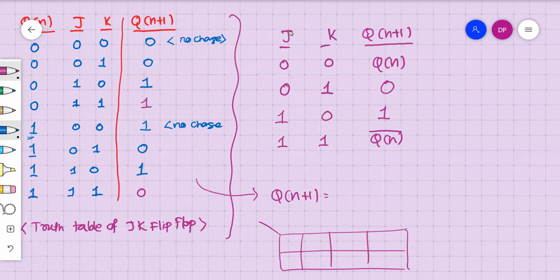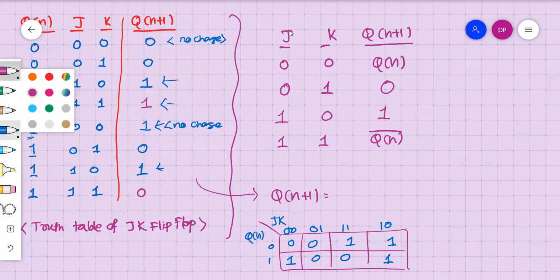We will take here Qn and here JK, let's say 0 1, 0 0, 0 1, 1 1, 1 0. So where you have 1 at these 4 places, right? And others were 0, isn't it?